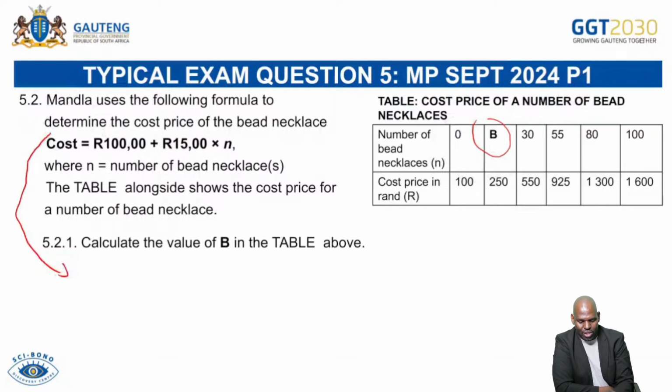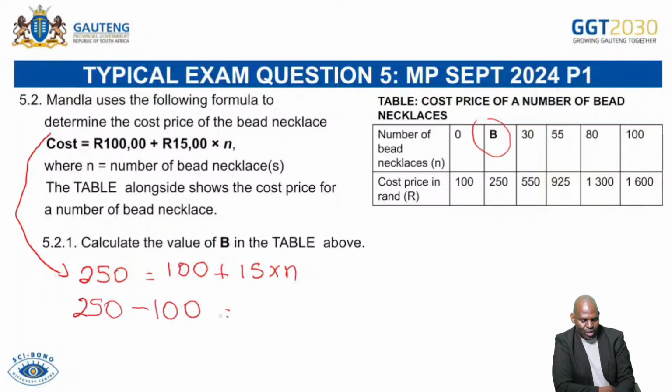So what we are going to do in this case, in order to find the value of B, we say cost is 250. So we say 250 equals, let's just forget about the units for now, 100 plus 15 multiplied by n. So 250 equals 100 plus 15n. Then now we have to find the value of n, the similar way we solve the other one. So 250 minus 100 equals 15 times n.